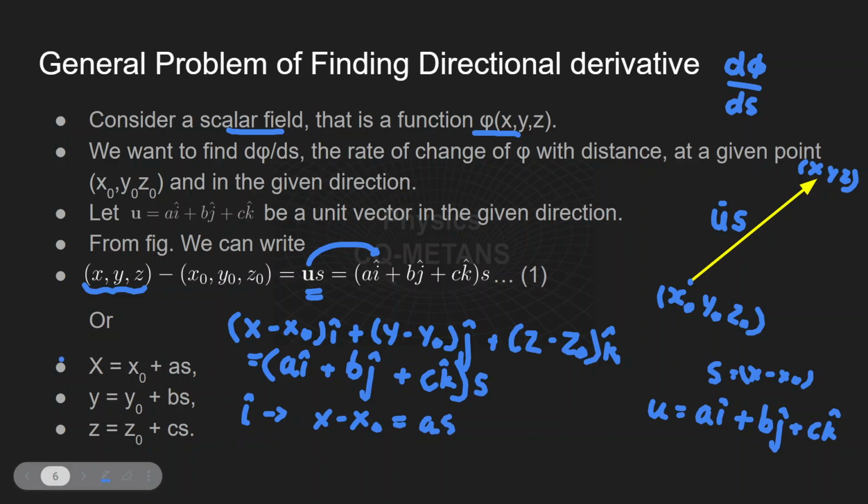If I rearrange, I will get this equation. Similarly, if I follow the same procedure for the jth and the kth component, I will get these equations. Now if you see, these are the equations of a line, the parametric equations, we remember.